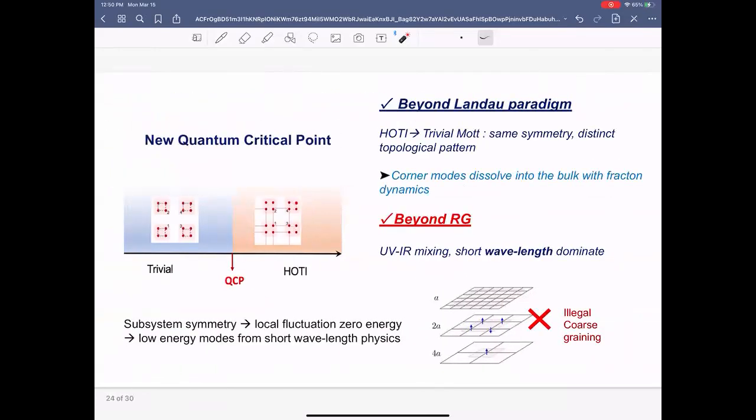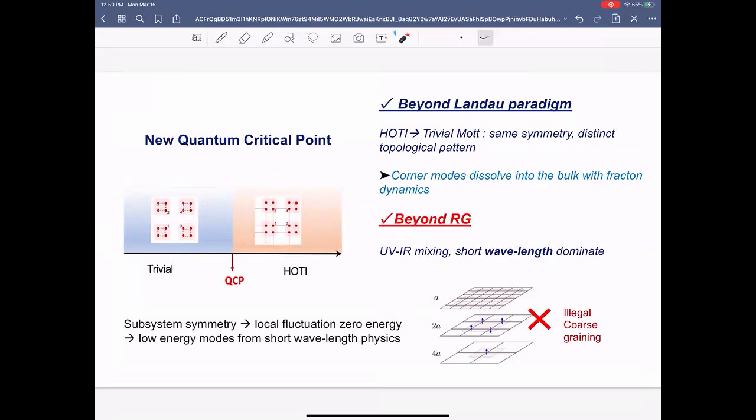That is why we finally end up with a peculiar quantum phase transition, which first, is beyond the Ginzburg-Landau paradigm because it is a continuous phase transition connecting two phases with the same symmetry pattern but distinct topological features.